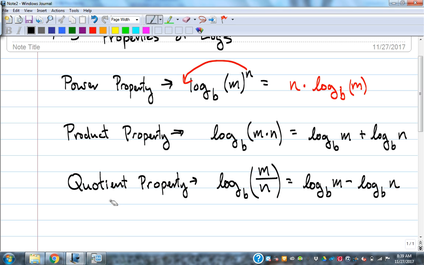All right. So division turns into subtraction, multiplication turns into addition, and then exponents turn into multiplication. That's what we got to remember about these properties.